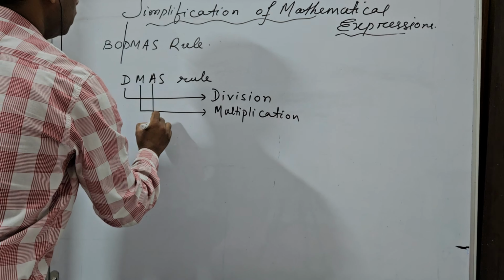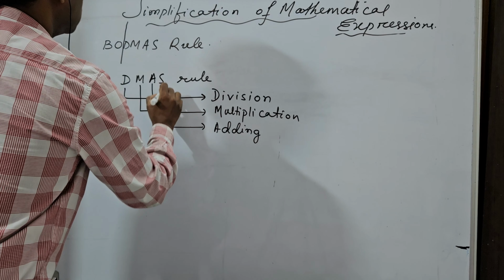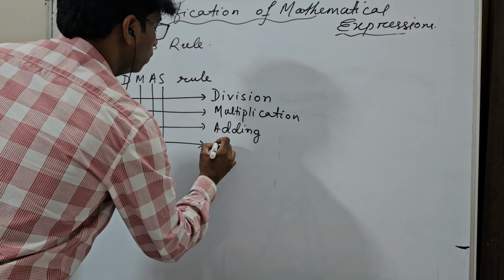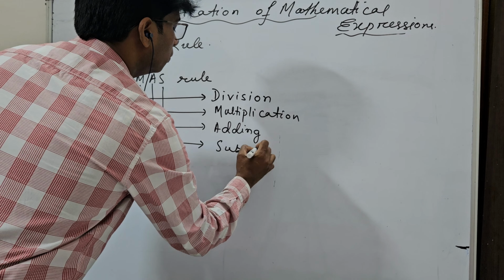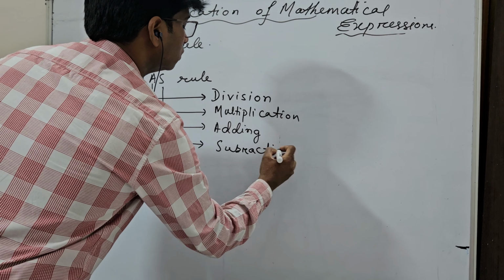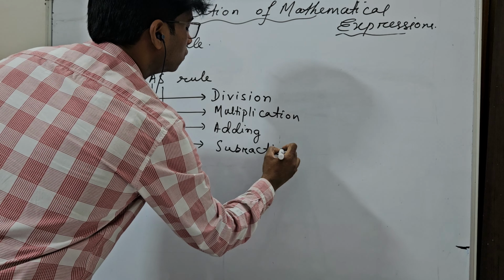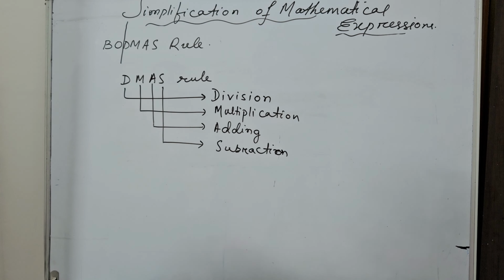Then you will be going for adding the numbers. Then lastly will be subtracting or solve the numbers which are involved in subtraction. So division, multiplication, then adding, and then subtracting. And finally what you are going to get, and the answer is obtained.